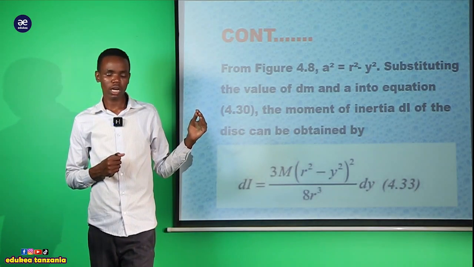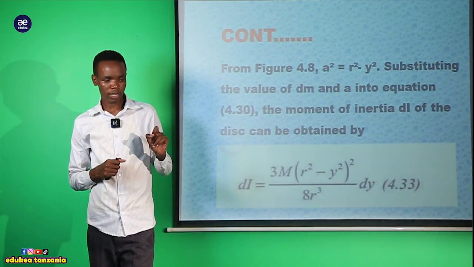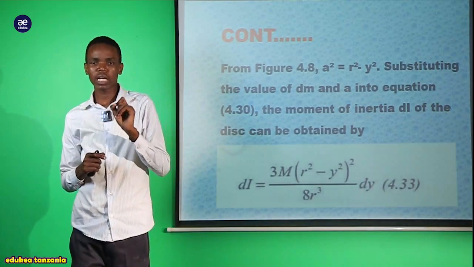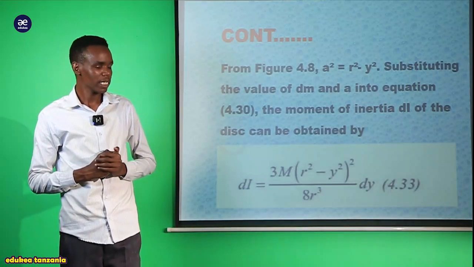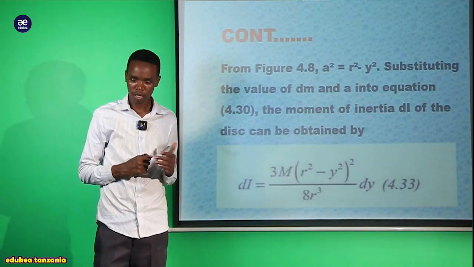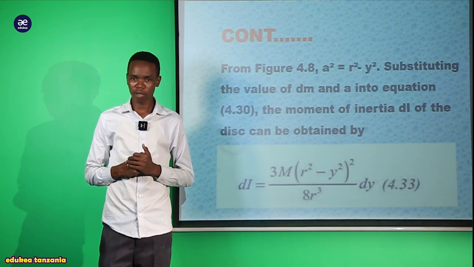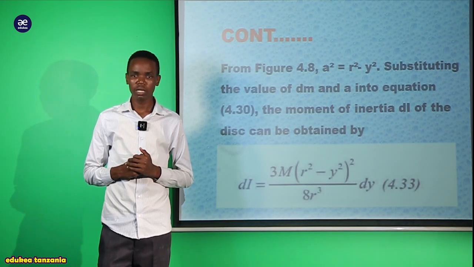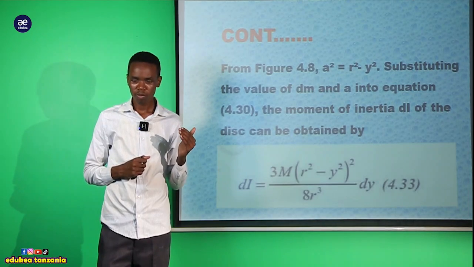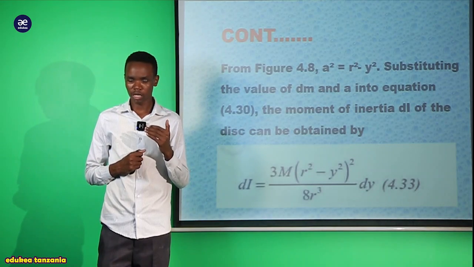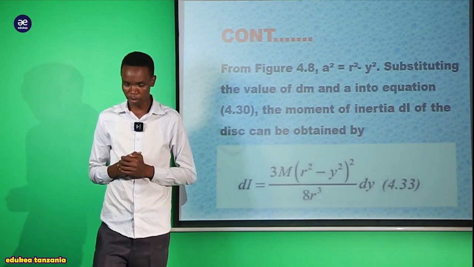In equation 4.30, we say that dI must be equal to half dm times a square. But dm we demonstrated in our last session, where it is obtained from the relationship of the elemental mass and also the volume. That is what we tried to see.